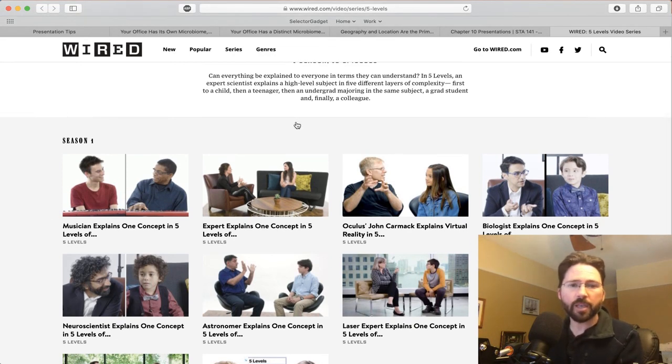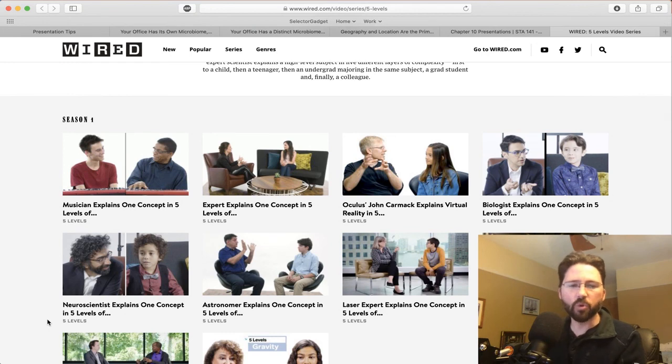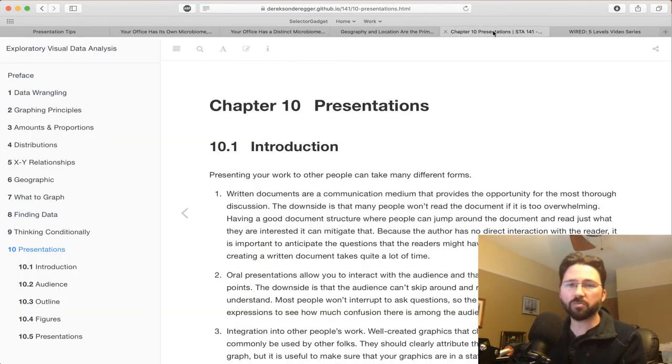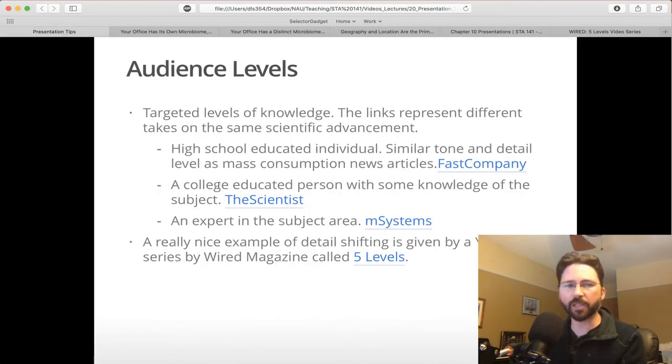In this case, a child, a teenager, an undergrad majoring in the same subject, grad student, and a colleague. So they're shifting their detail level as they move from one audience to another. And this is a very, very important thing to be able to do, and to recognize what is the appropriate level of detail to use in a presentation.